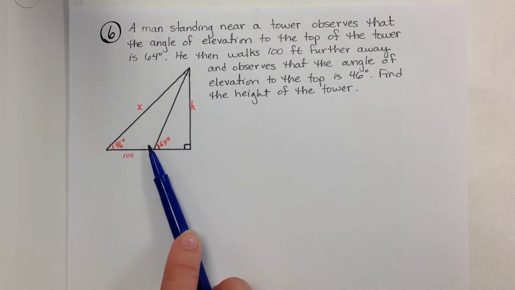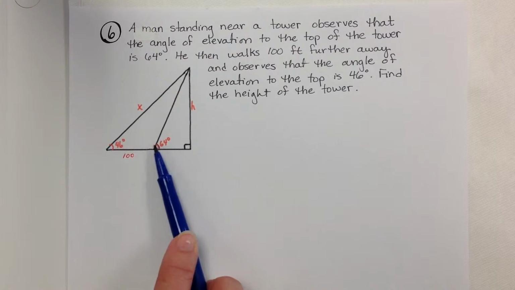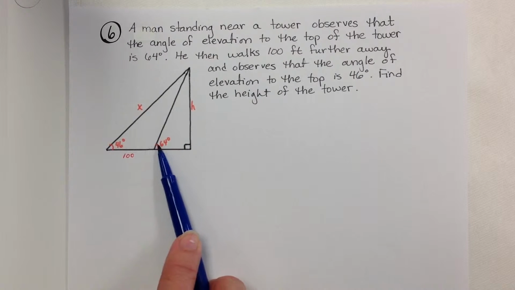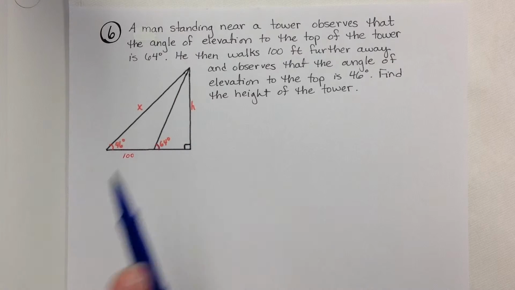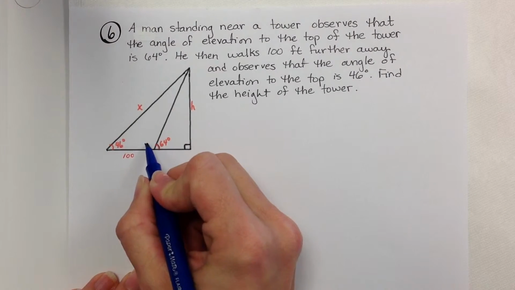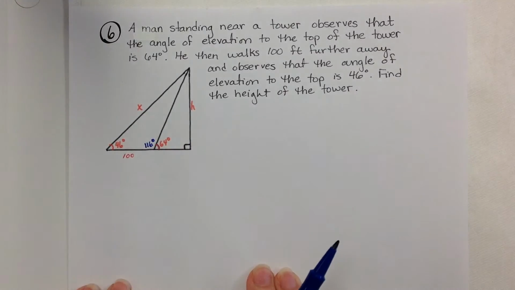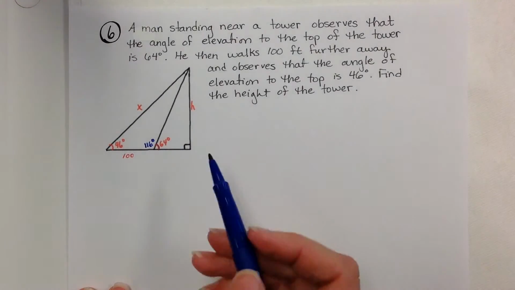And I can come up with this angle because these two angles here, of course, form 180 degrees. So if this one is 64, so if we do 180 minus 64, that's going to give me 116 degrees there.